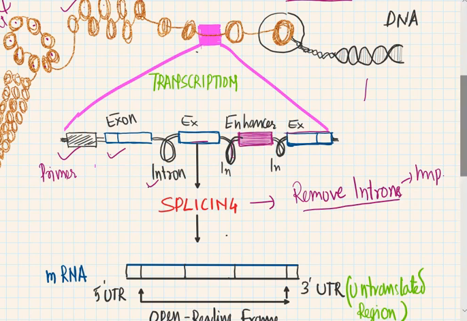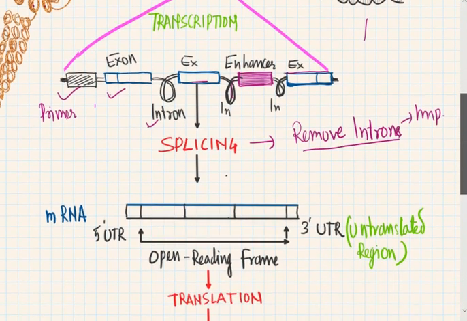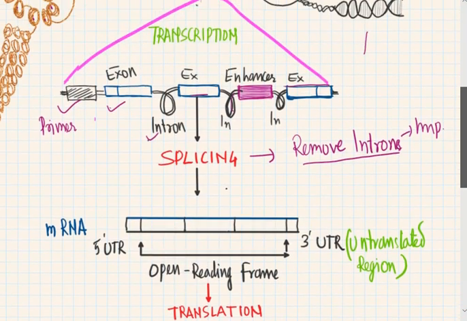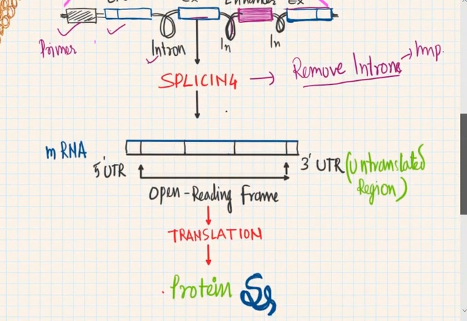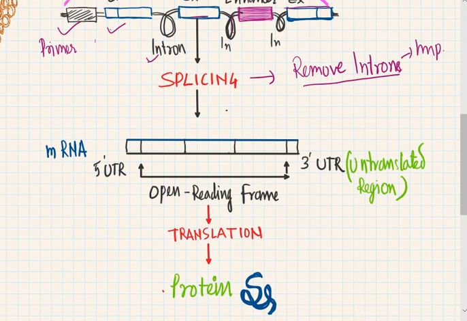We are talking about the anatomical perspective. Once transcription is done and splicing is done, the mRNA will get translated into protein. After translation what is made is the protein. This is the protein structure.